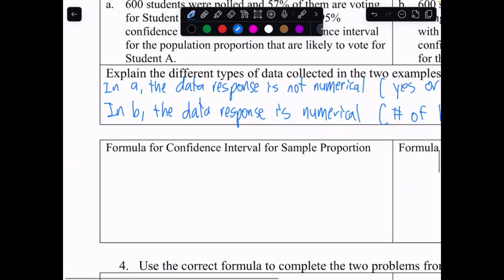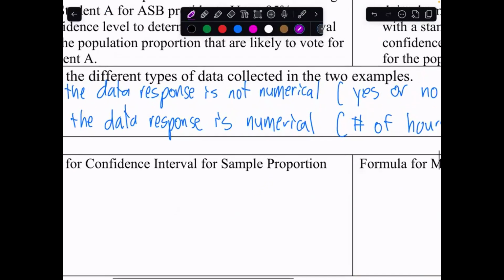Okay, so the formula that we have here, so again, sample proportion is used for data that is non-numerical. Right, because you can't have a standard deviation if the data is not a number, right?